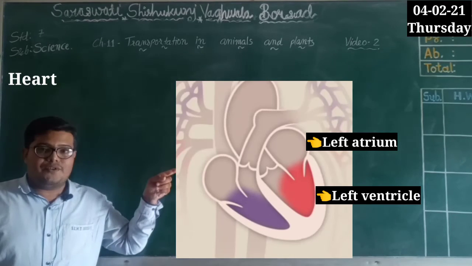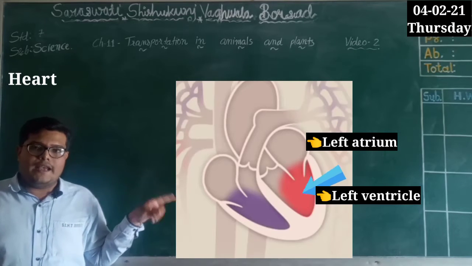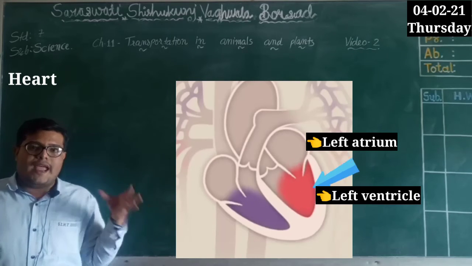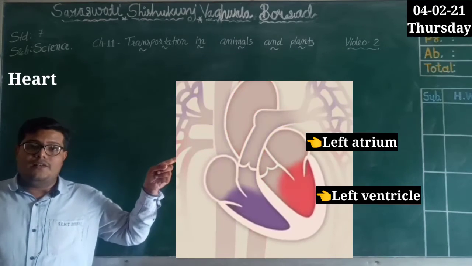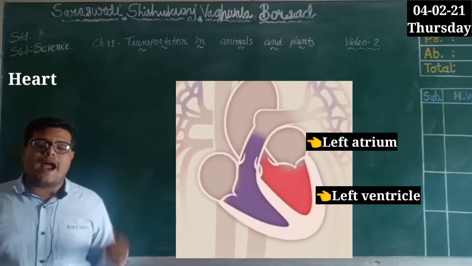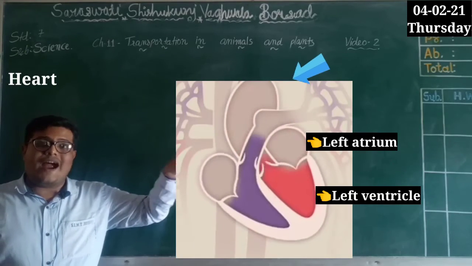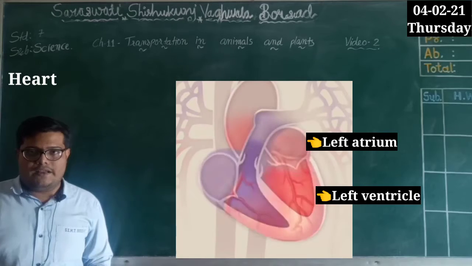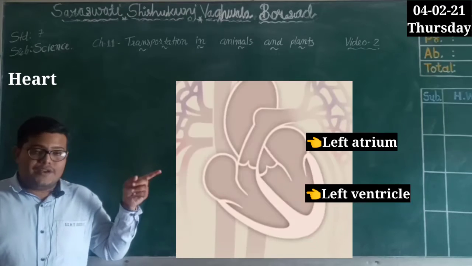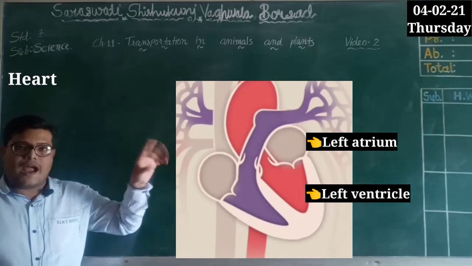Now when it relaxes, that blood from the atrium will again come into the left ventricle, and when it contracts again, from the ventricle the blood will flow into the main artery. From the artery it will go into arteries which carry blood throughout the body. You understand? Atrium, ventricle, pulmonary vein and artery.